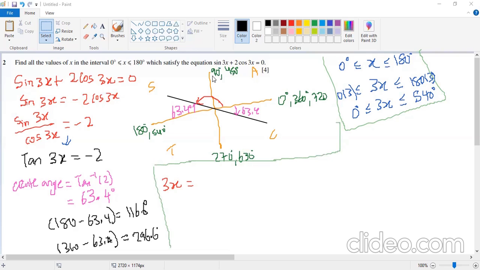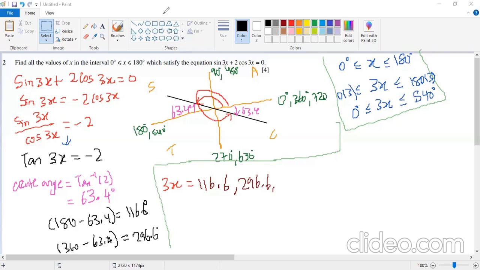So the 3x values: the first one is 116.6 degrees. Then the second one is the one we just did, 296.6 degrees.